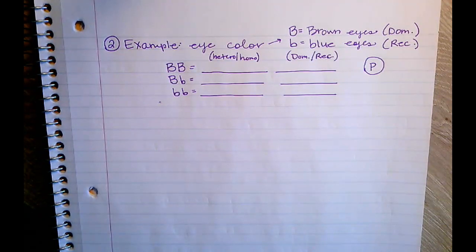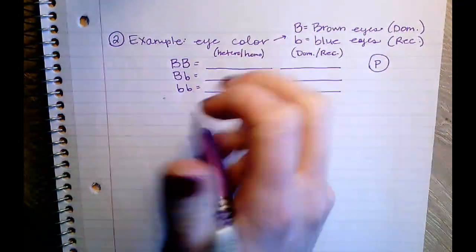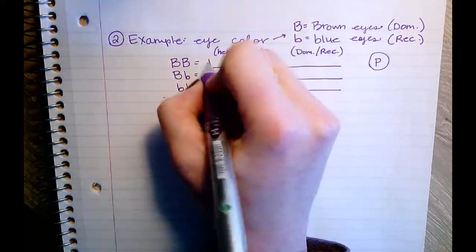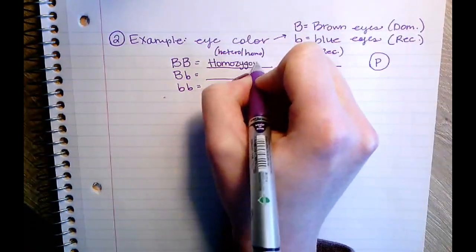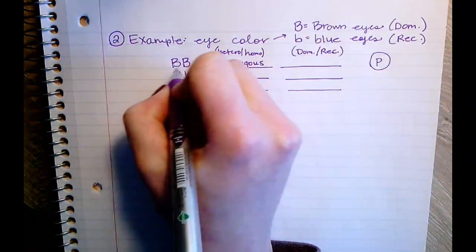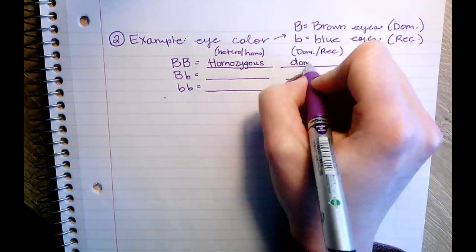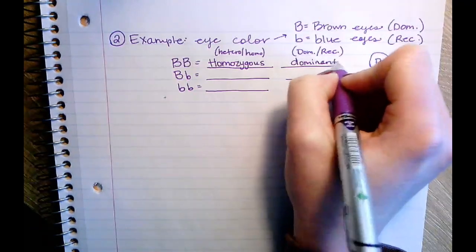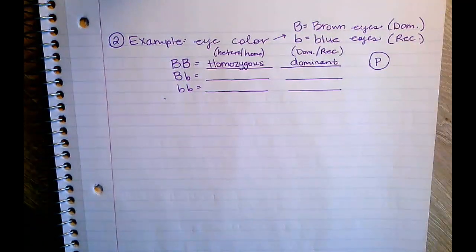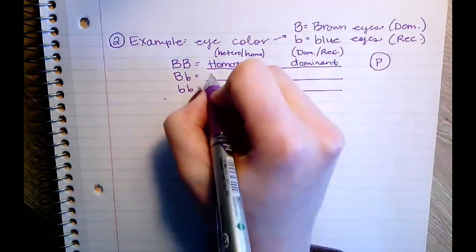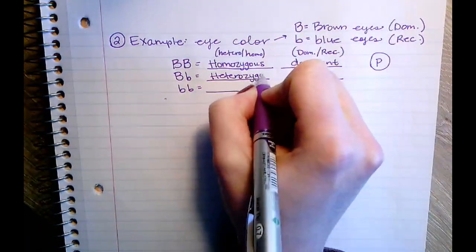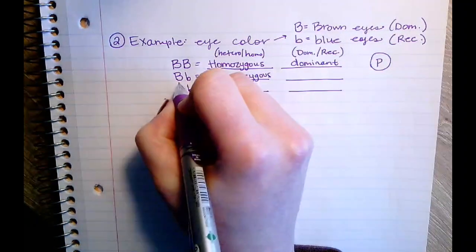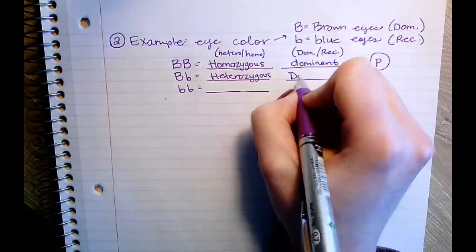Alright guys, now that you've tried it, this one they're both the same, so this one would be homozygous. And since there's at least one capital, that would be dominant. So homozygous dominant. The second one, since they're different, would be heterozygous, and since there's at least one capital, it will also be dominant.